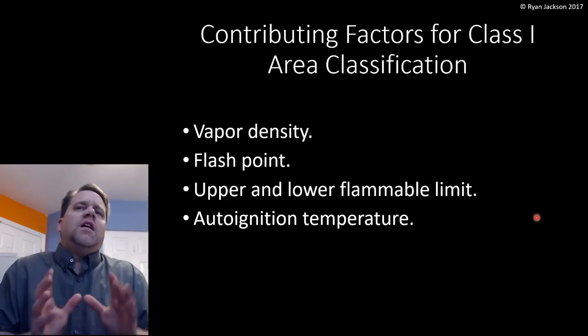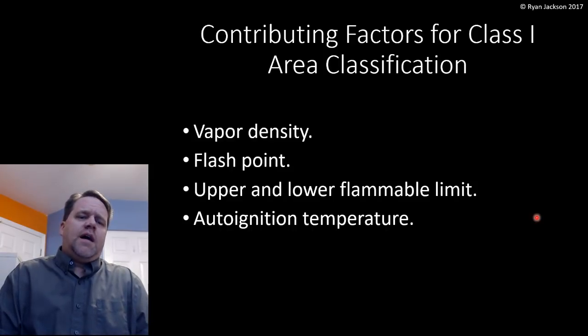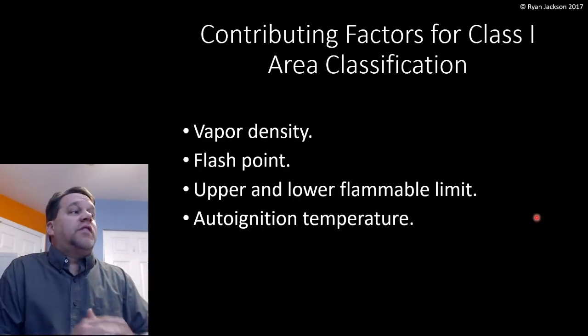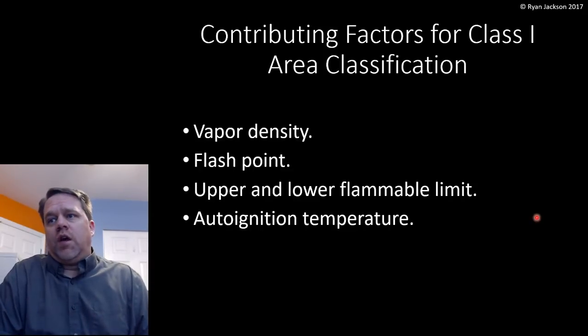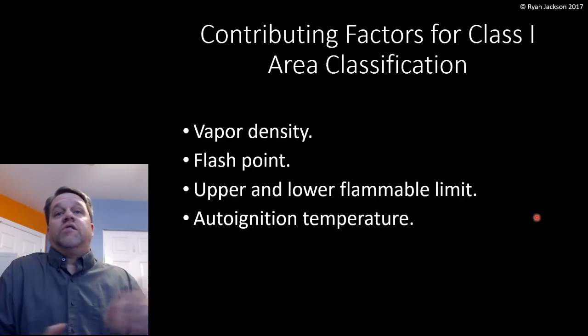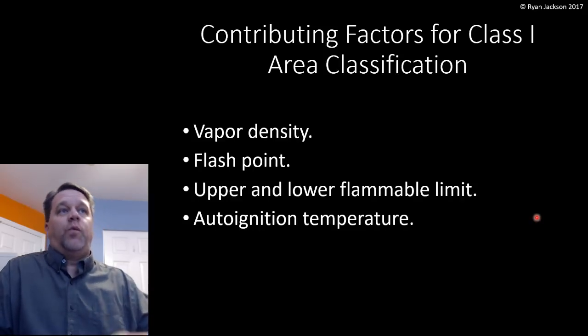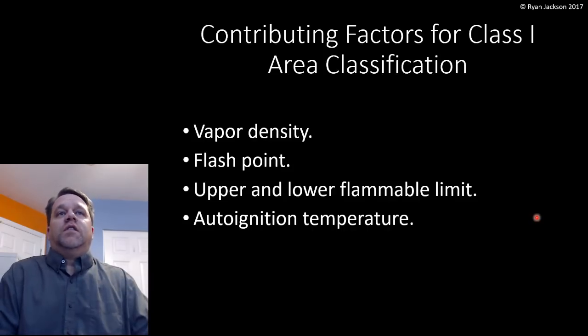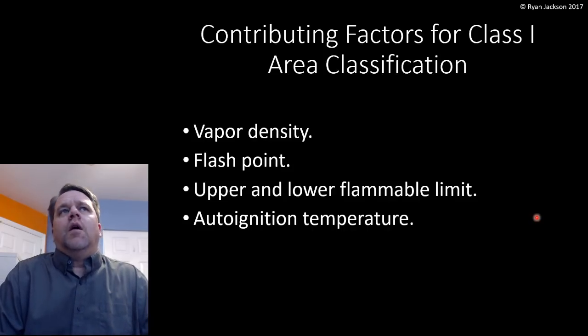It's not enough to know that I have acetone. Okay, well, this is hazardous due to the presence of acetone. Well, what makes acetone special? What's the vapor density of acetone? What's the flash point? What's the upper and lower flammable limit or explosive limit? What's the auto ignition temperature? All of these things have to be known.